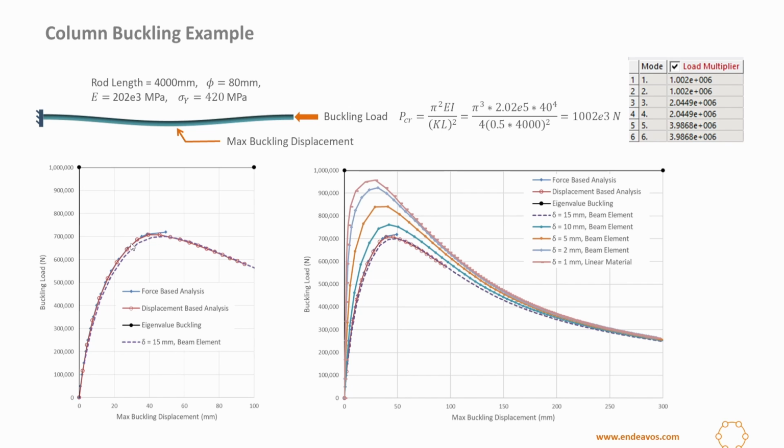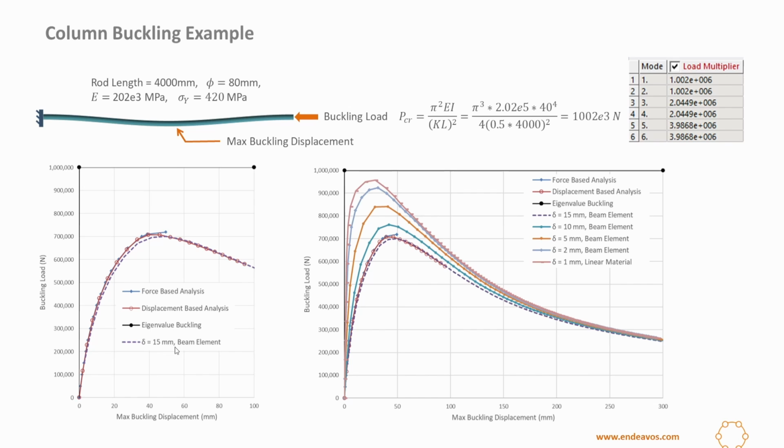So I would read it as a 700 kilonewton buckling load right here. So the two analyses will give you identical results, but the displacement-based analysis can predict post-buckling behavior. As you can see, this chart keeps going.